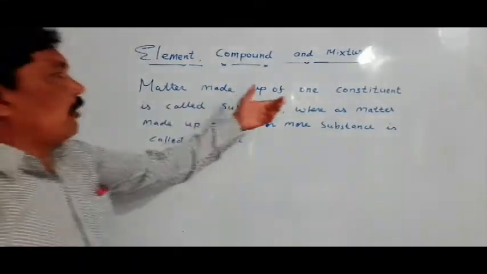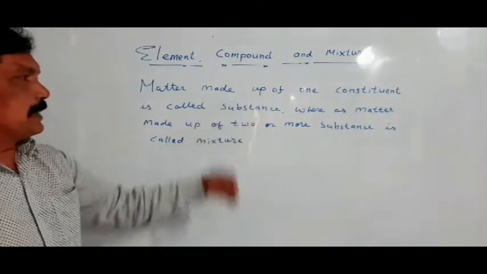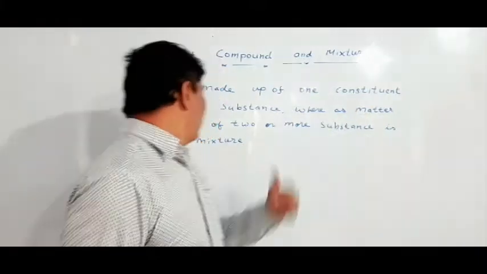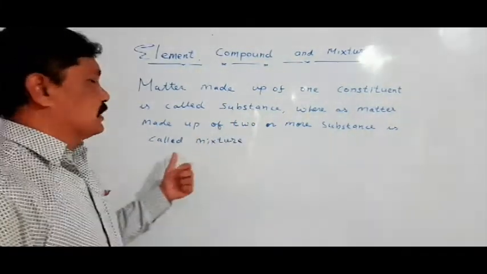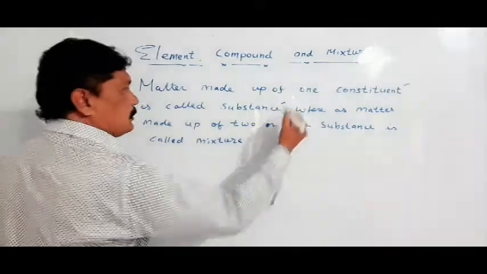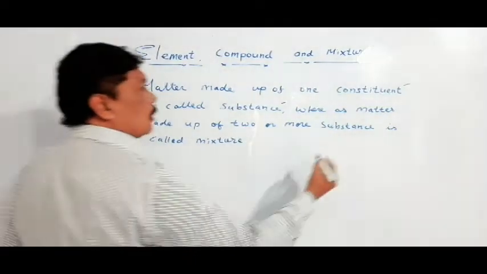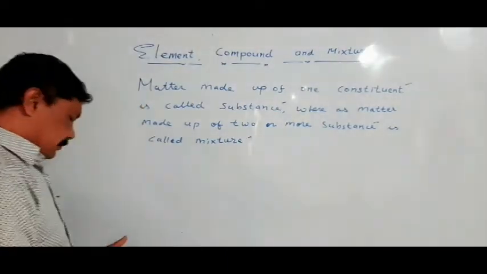Matter made up of one constituent is called substance, whereas matter made up of two or more substance is called mixture. One more time. Matter made up of one constituent is called substance, whereas matter made up of two or more substance is called mixture.